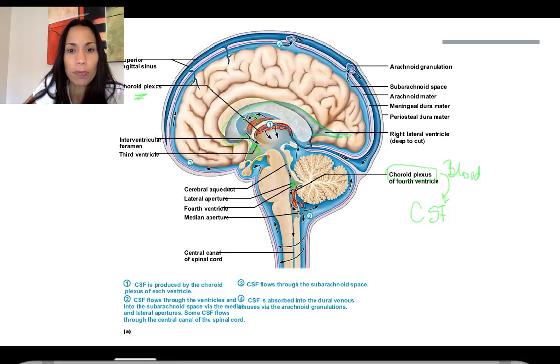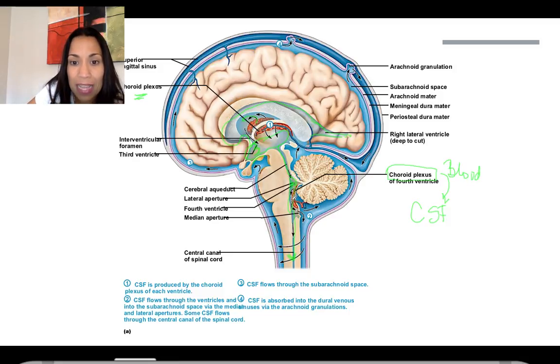So in here we produce the cerebrospinal fluid that fills both lateral ventricles. From there it goes through the interventricular foramen and fills the third ventricle. From there it passes through the cerebral aqueduct, reaches the fourth ventricle, and from there part of the fluid flows to the central canal of the spinal cord.